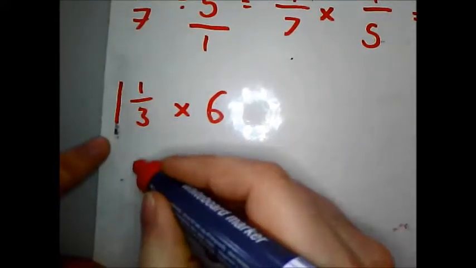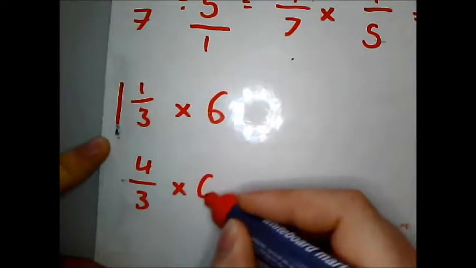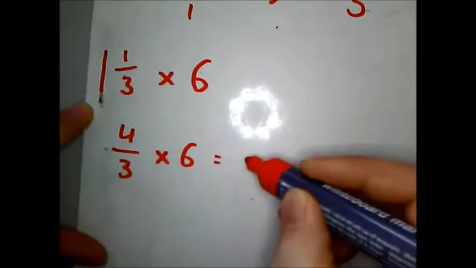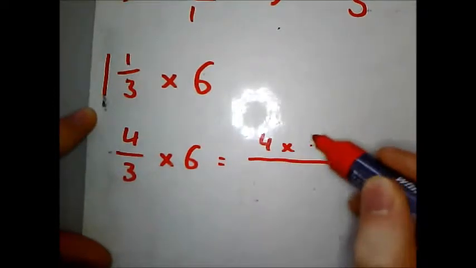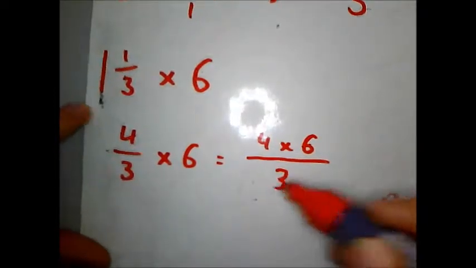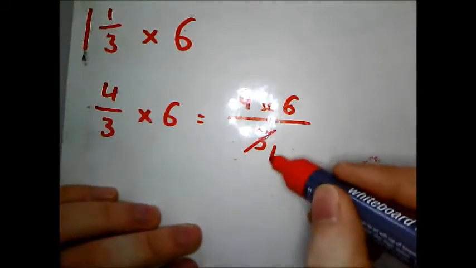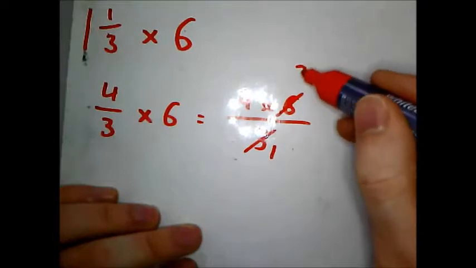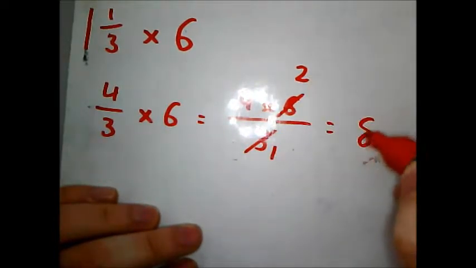So that's going to be 4 over 3, times 6. So once again, 4 times 6 on the top. And notice I'm not actually doing this calculation yet. I'm going to look for common factors first. So again, I can spot common factors. Divide that by 3, I get 1. Divide that by 3, I get 2. And I've got 4 times 2 divided by 1. So that's going to give me 8.